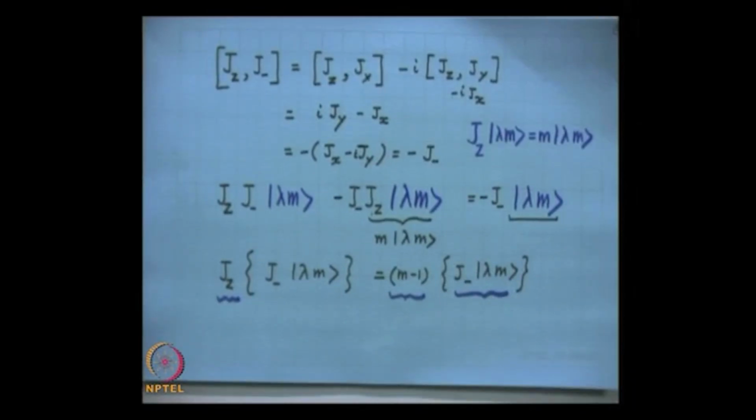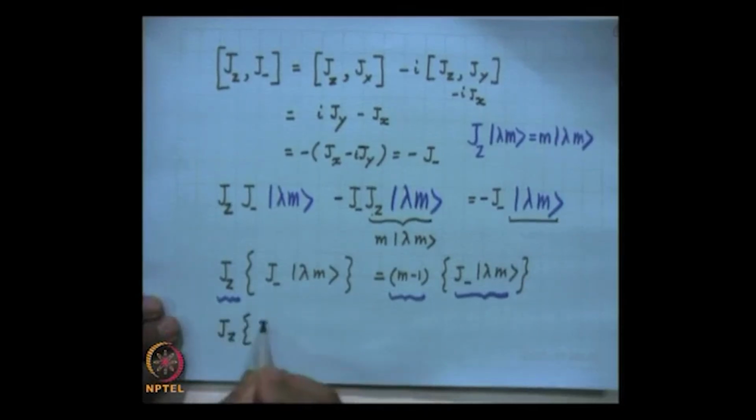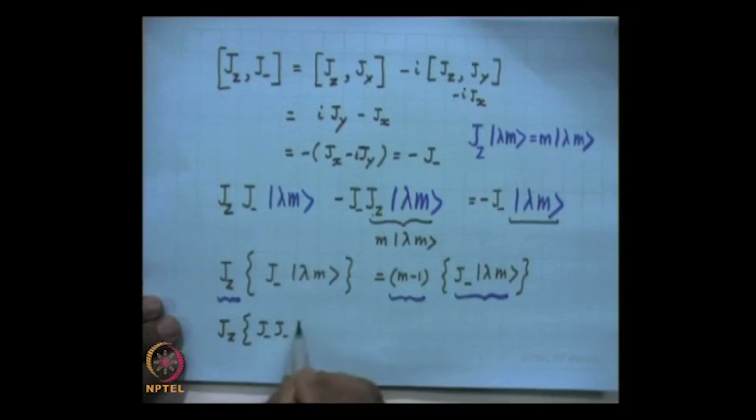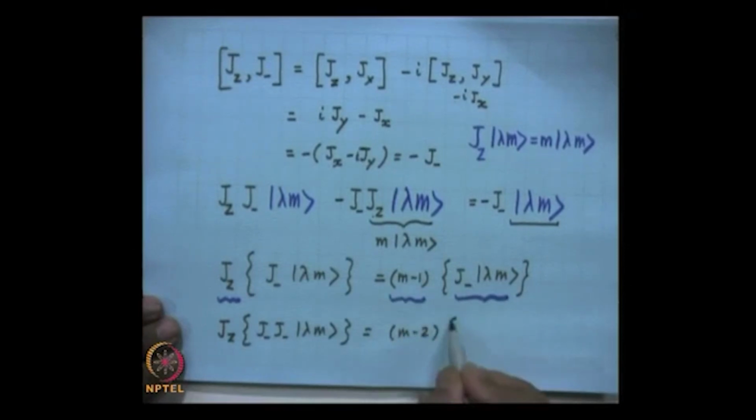And I can continue this again. So, Jz operating on J minus squared ket lambda m, I hope you can now immediately say that this must be m minus 2 times J minus squared ket lambda m.